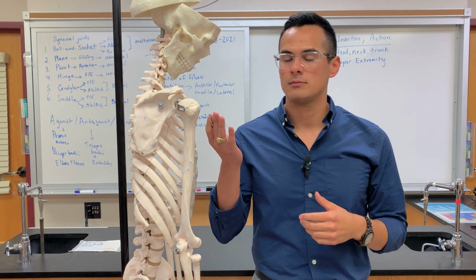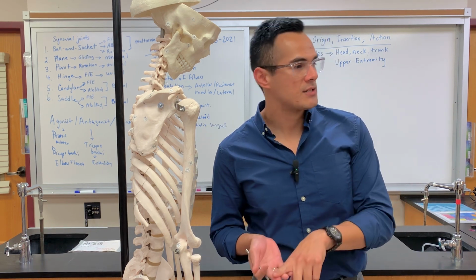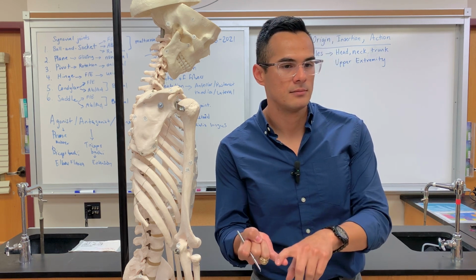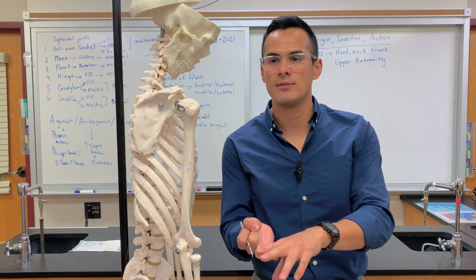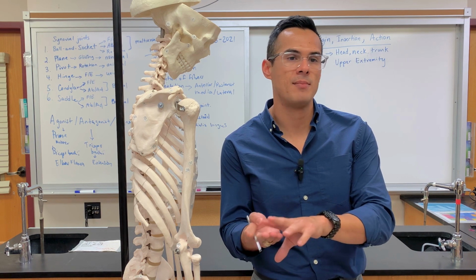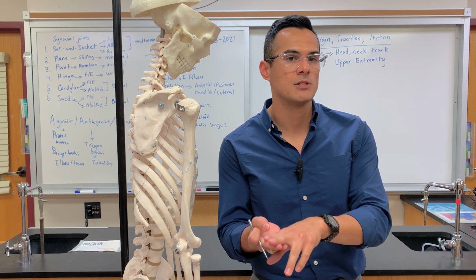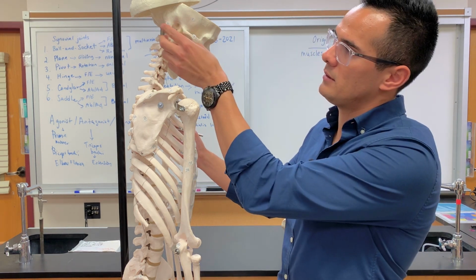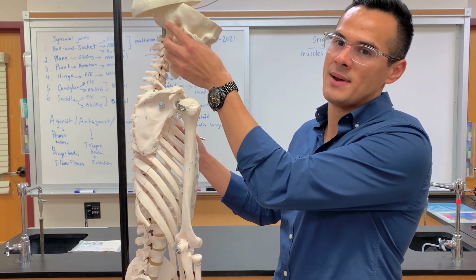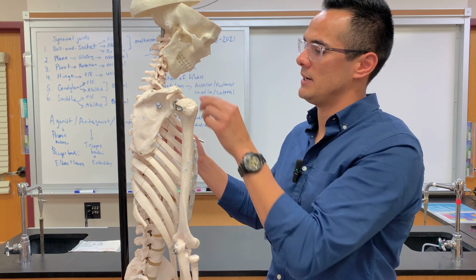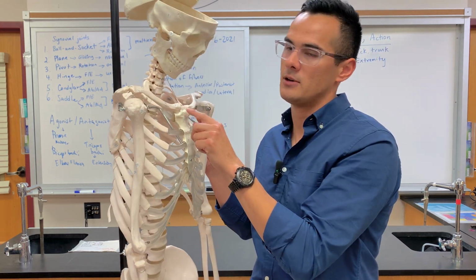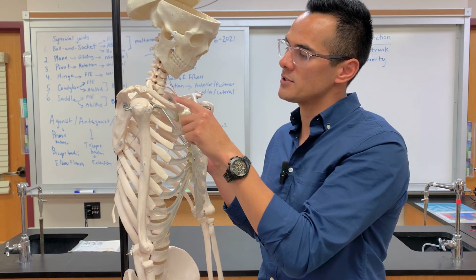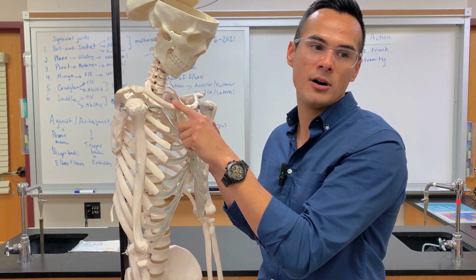For example, the sternocleidomastoid has attachments at the sternum, the clavicle, as well as the mastoid process. So let's identify those parts. This is the mastoid process, so it'll start here, and then attach here on the manubrium of the sternum. It'll also attach here on the medial part of the clavicle.